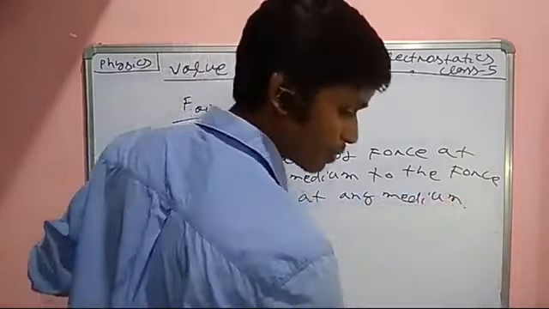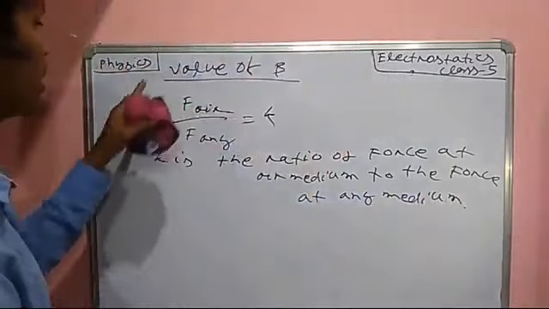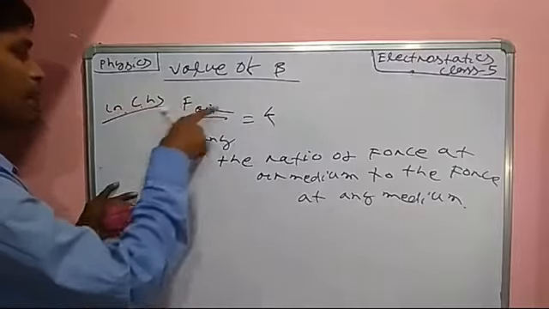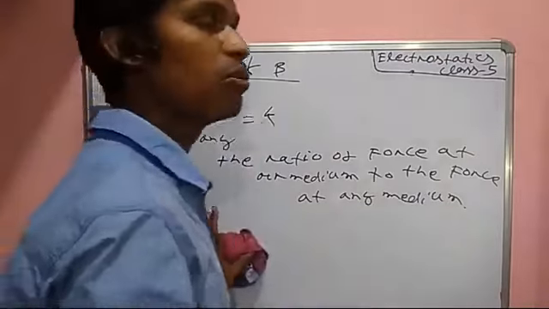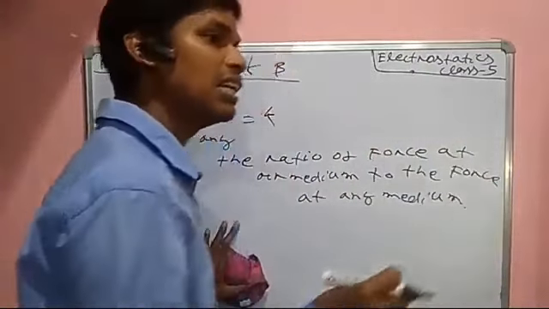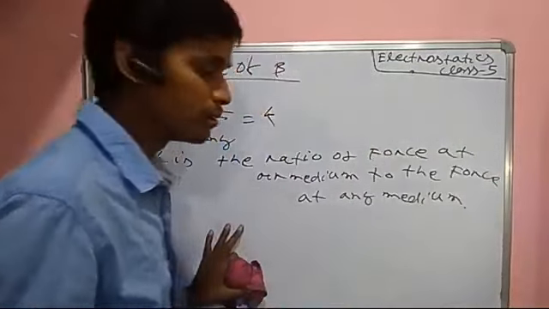Yes or no? That is in CGS. In CGS, F air by F any is equal to K. In the CGS system, we have already known how the dielectric constant is determined.